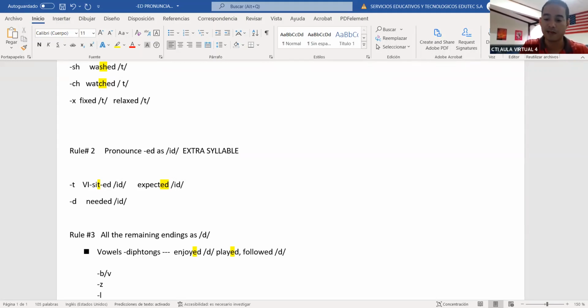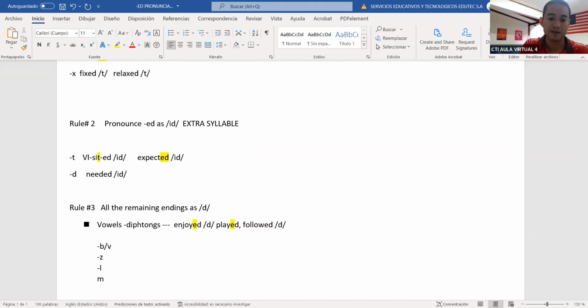Okay, so here you have the L, you have the also here you have the G sound. So when you have, for example, "hug," which is abrazar. If you have it in the past, you would say "hugged." The d is the pronunciation there: hugged.